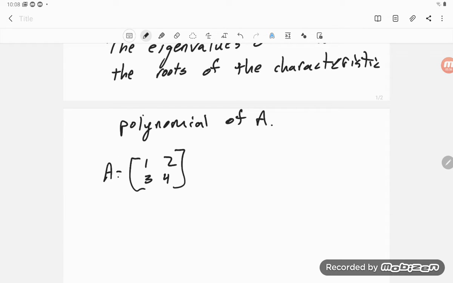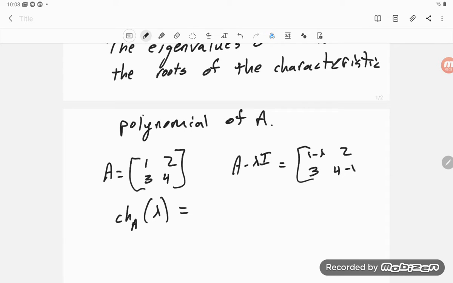So if I have A equals that, then our characteristic polynomial of A is A minus lambda I, so all you have to do is put minus lambda down the diagonal.